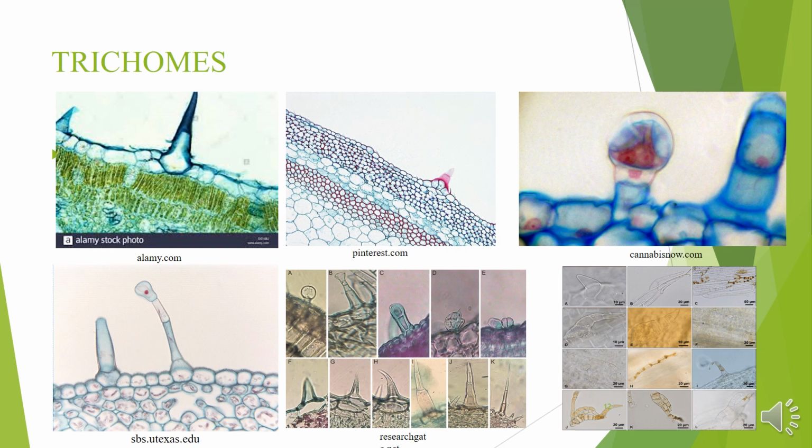One of them is a glandular trichome because you can see that head, and you can almost see the oil within it. If you go to the left-hand side, to the extreme at the bottom as well, you will see another glandular trichome. And with the other examples, you'll be able to identify whether they're uniseriate or multiseriate or multicellular. So these are things that you will be able to observe.